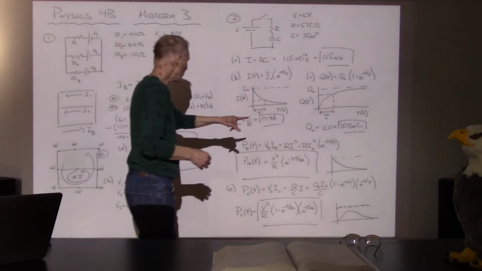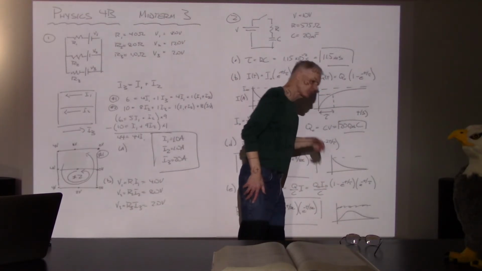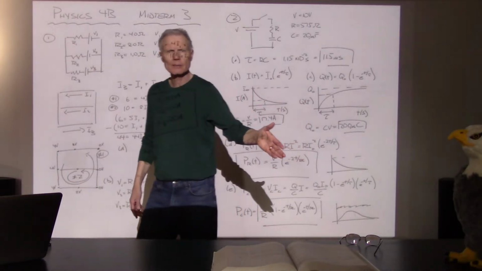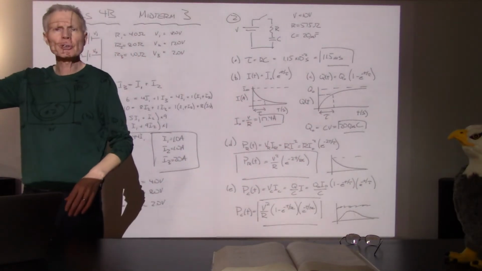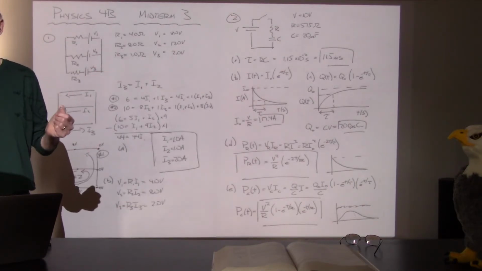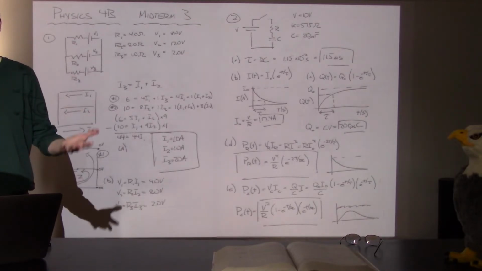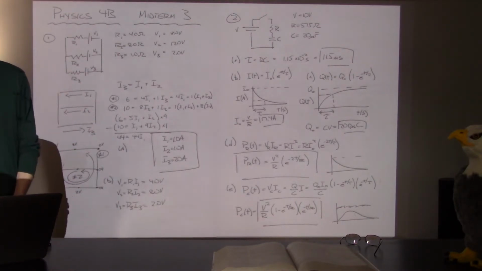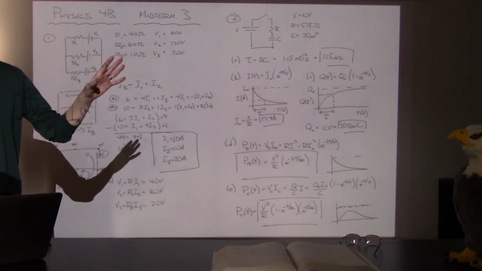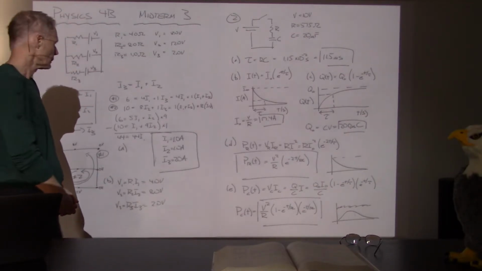The area under these curves will tell us how much energy has been thermalized in the resistor and how much energy is stored in the capacitor. Now, the capacitor energy is still available for the circuit. The thermal energy generated by the resistor probably has dissipated out, spread out through the environment. It's not going to be recoverable.